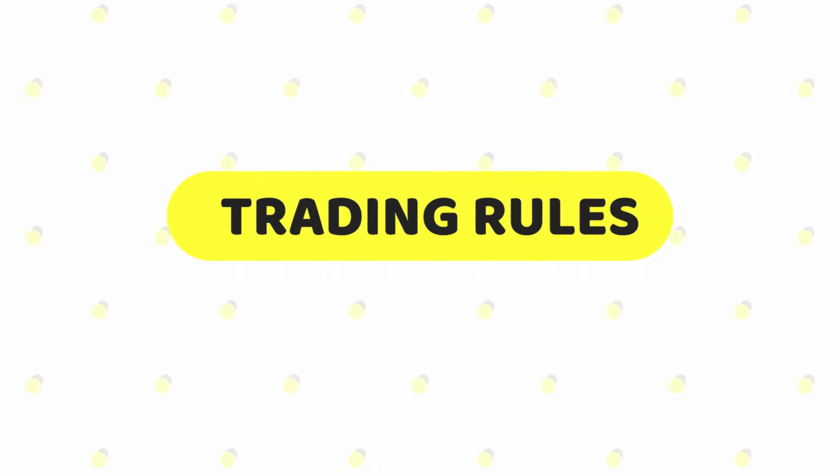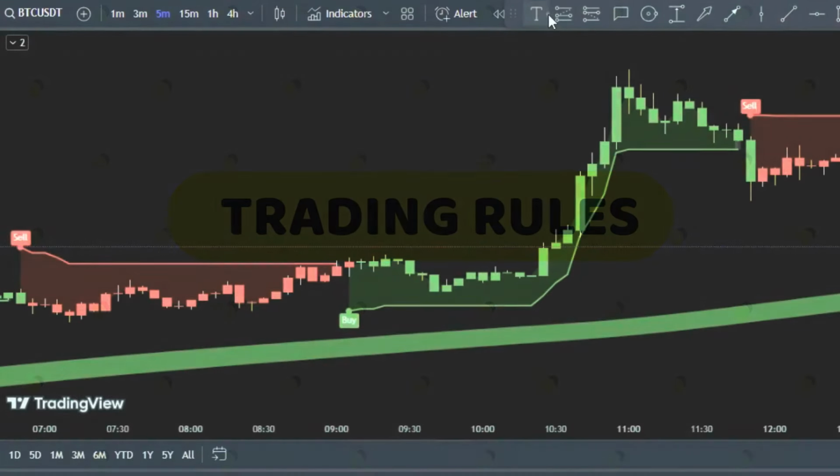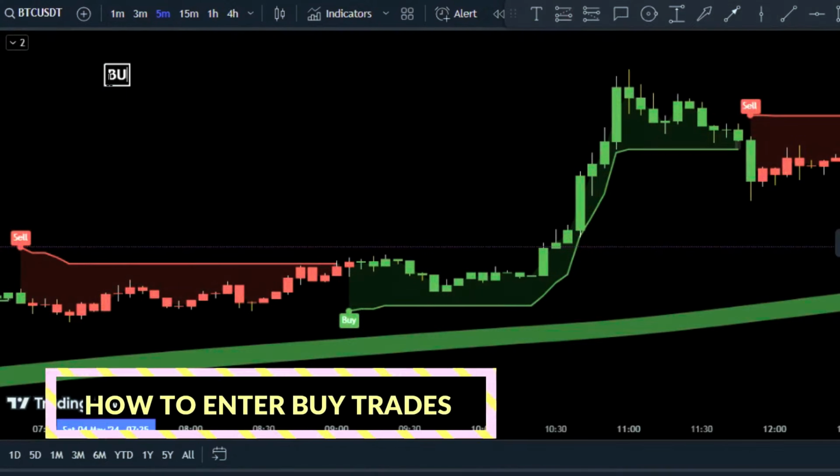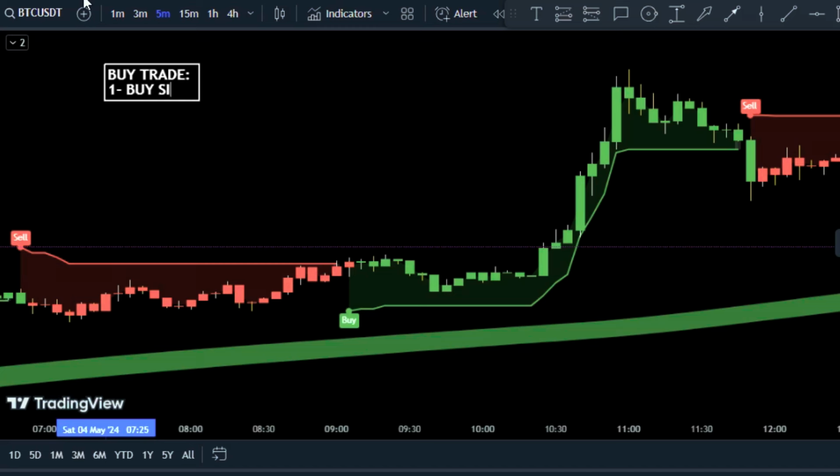Now that we have both indicators set up with their optimized settings on the chart, let's talk about how to make profitable trades using these two amazing and free tools. To enter a buy trade, first we need a buy signal on the chart from the Super Trend Strategy Indicator.